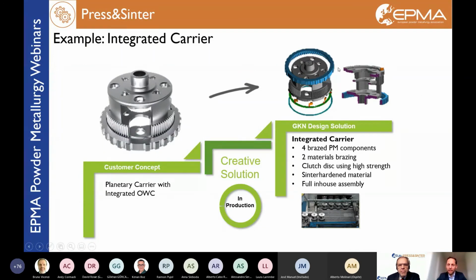I compact 4 different PM parts, and then before the sintering I put them together, and with some brazing material or brazing pins, I think they're made from copper, I can sinter all the single parts together and need maybe just the machining of some precise holes and not of the complete geometry. So, very nice example as well.